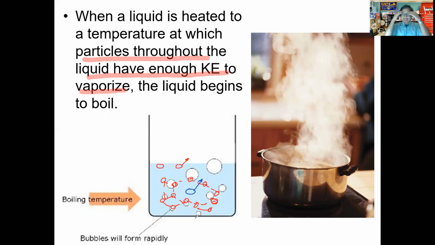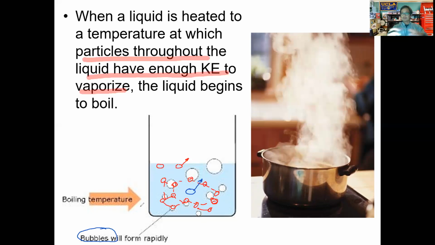And so what do we see when we get to the boiling point? What is it that we observe? We observe bubbles. And what are those bubbles but gas particles that are formed under the surface of the water? And then they bubble up to the surface. So when you boil water, folks, that's not air bubbles that are coming up. Initially, they're not.